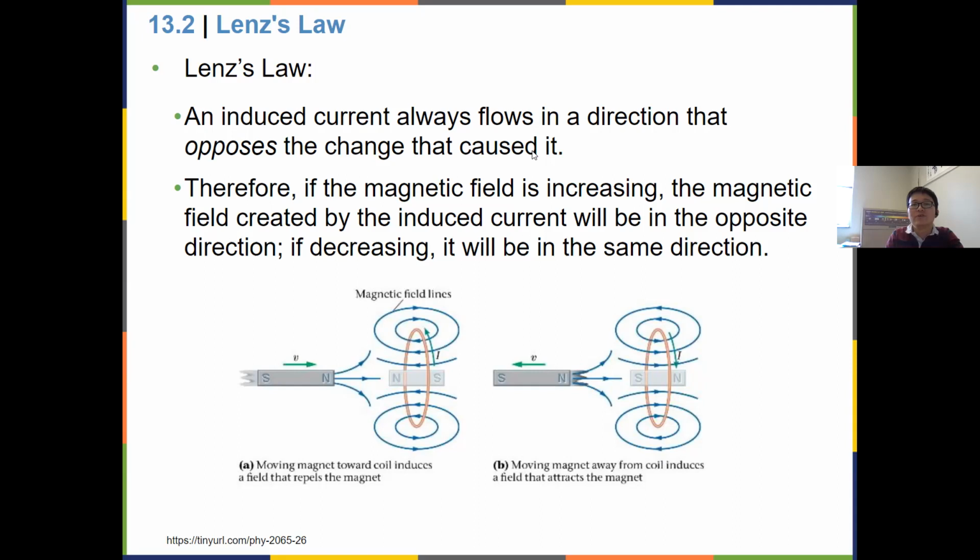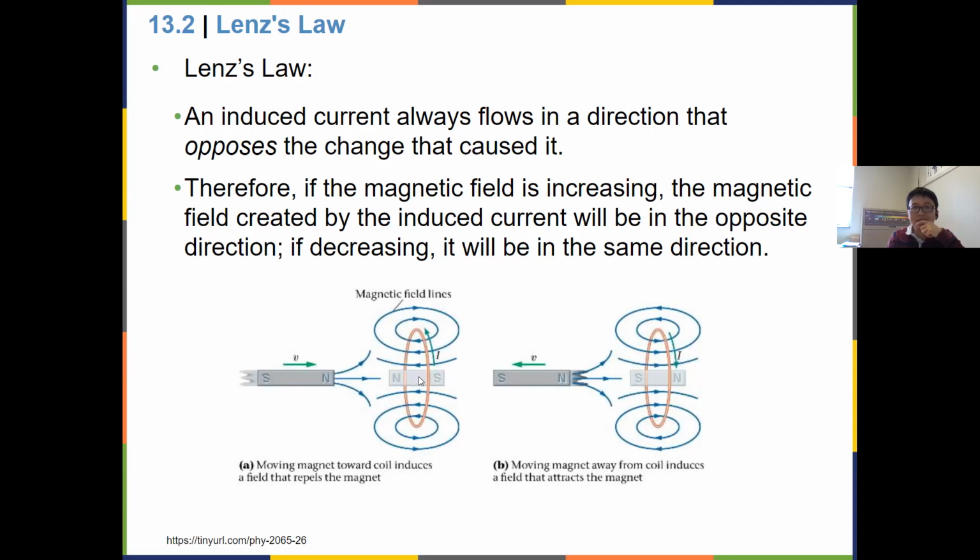Let's take a look at this example. Say you have this coil here, and you have this magnet approaching it. When you're approaching it, the magnetic field in this coil gets stronger, because you're getting closer to it.